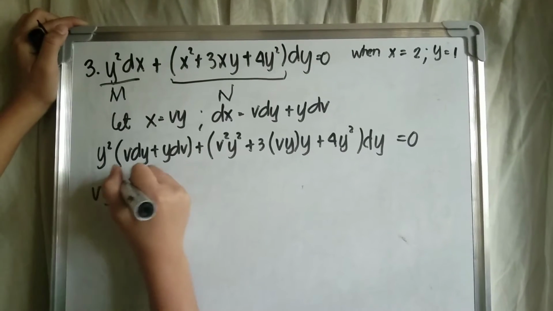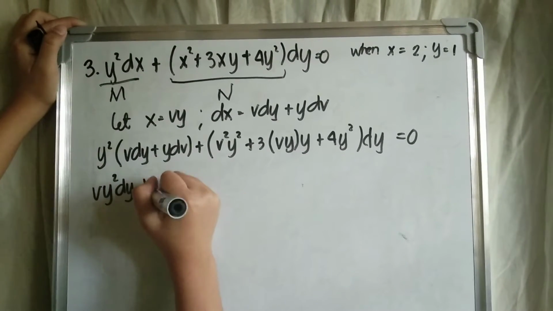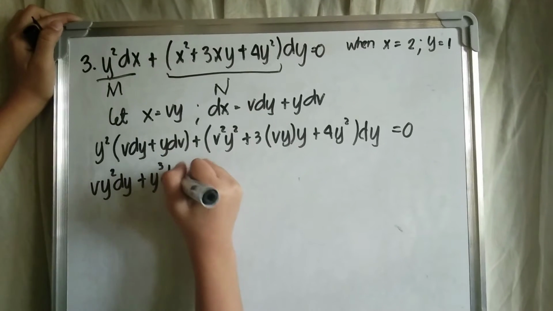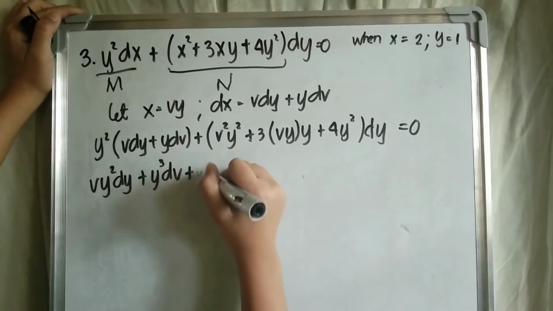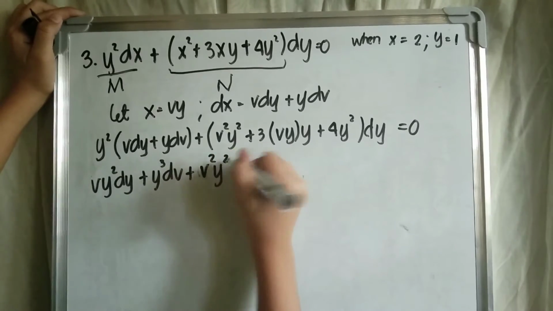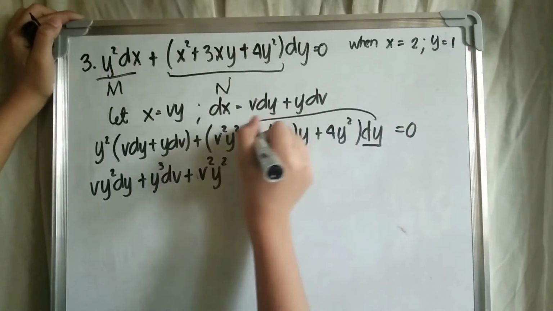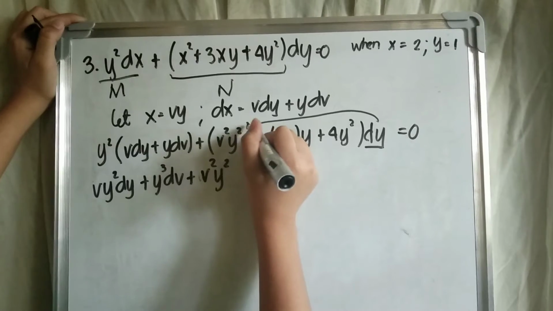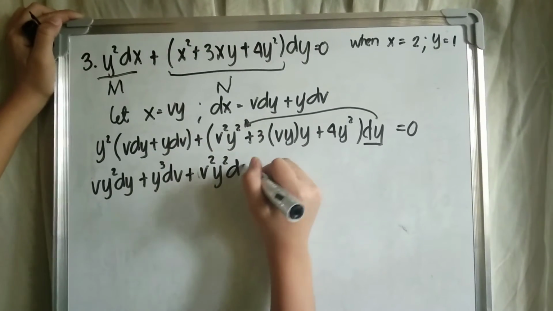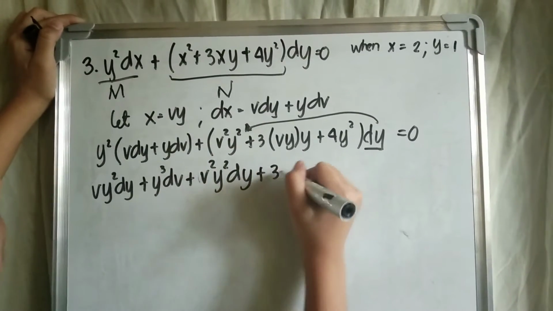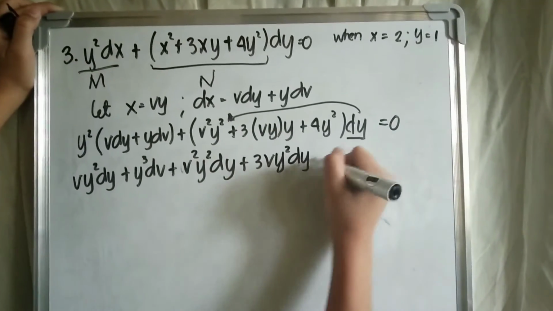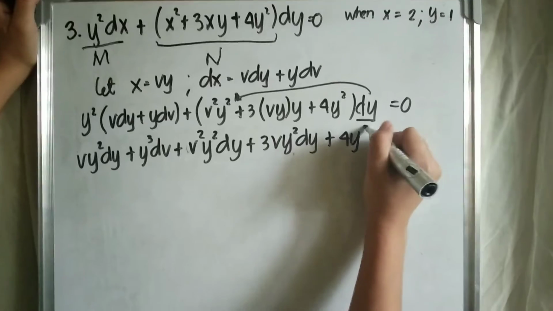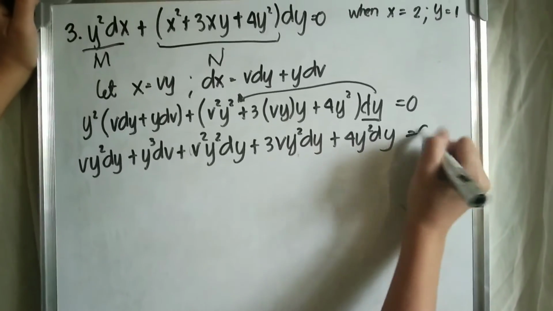So we have v y squared dy plus y cubed dv plus v squared y squared dy. Let us substitute this to our inner term, dy, plus 3v y squared dy plus 4y squared dy equals 0.